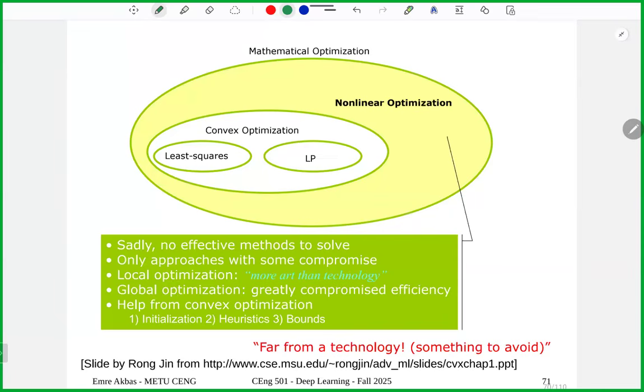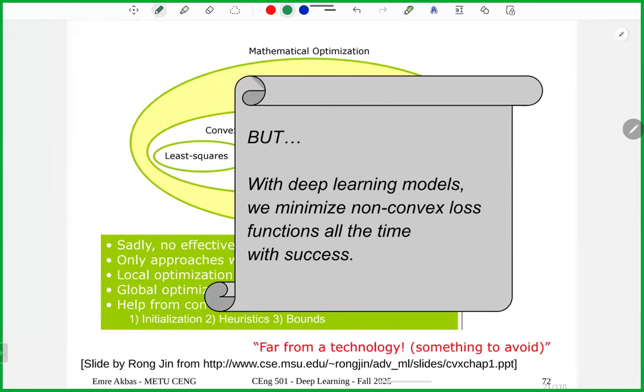This is the conclusion of numerical optimization people, and they are right. They have reason to say this because of all these bad properties. But with deep learning models, we minimize non-convex loss functions all the time with success. And again, we do this using first-order methods like gradient descent and stochastic gradient descent, and it works.